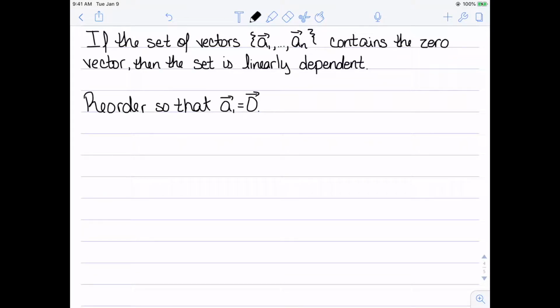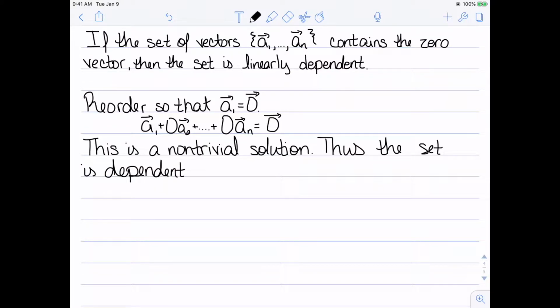We know this set contains the 0 vector, so let's reorder it so that the 0 vector is a1. Now let's consider this equation: a1 plus 0a2 plus 0a3 all the way up to 0an is equal to 0. Well, this is a non-trivial solution. So since we have a non-trivial solution, we know that this set is dependent.